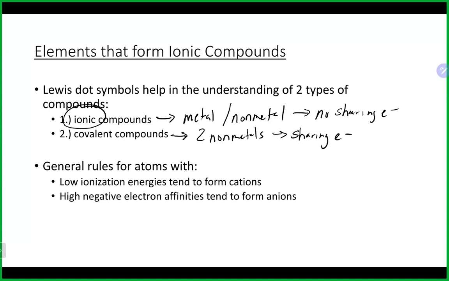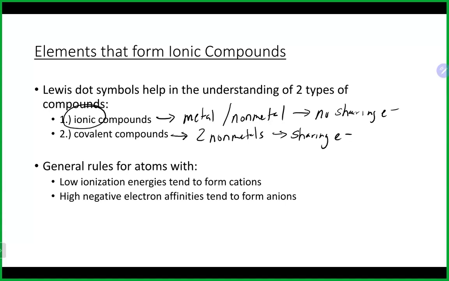Things with high electron affinity: electron affinity, again, is the energy change that occurs when somebody gains electrons. So if you have high electron affinity, it means you're pretty good at gaining electrons. That means you're more likely to gain electrons, become negative, and you will be an anion.